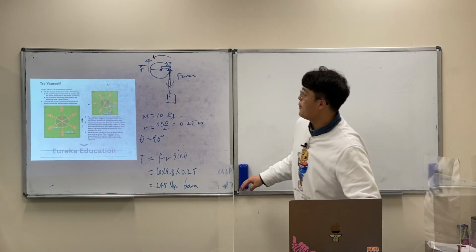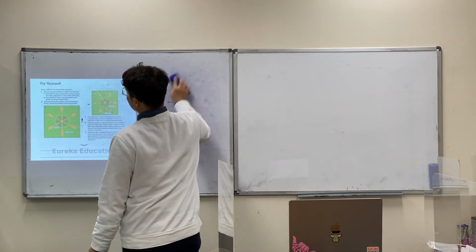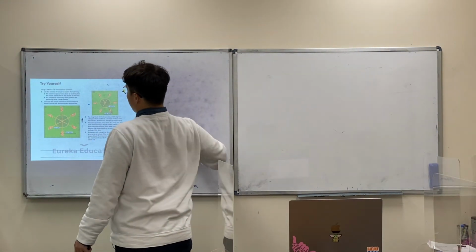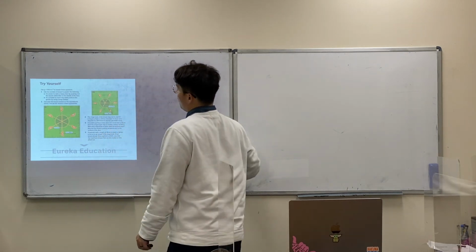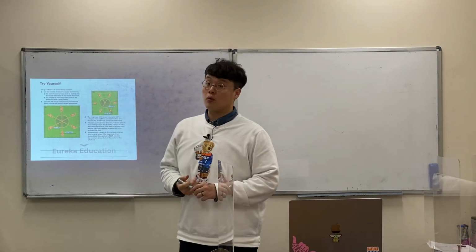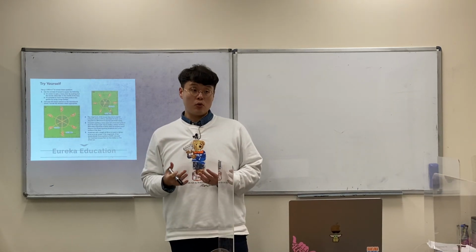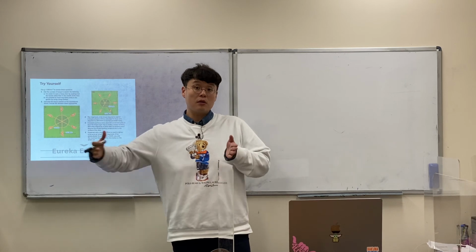Okay, question 1. Use the concept of torque to explain the following. A. It is easier to open a heavy door by pushing it at the handle rather than in the middle of the door, which is true. Why? The magnitude of torque will increase as you increase the R value.